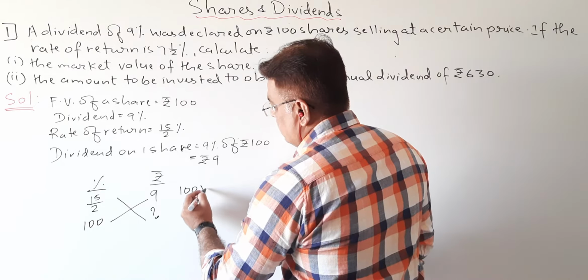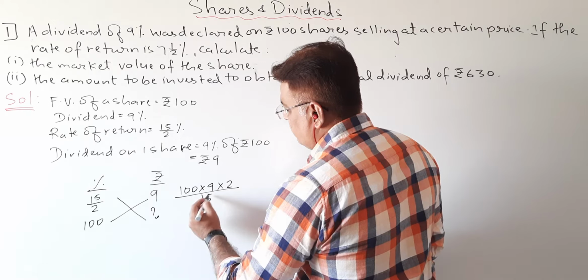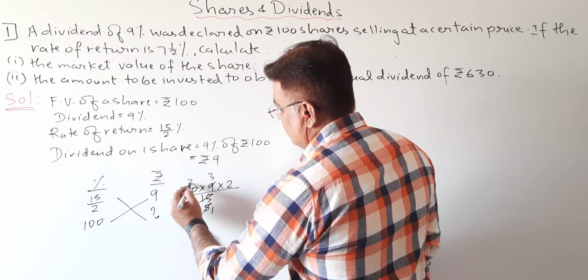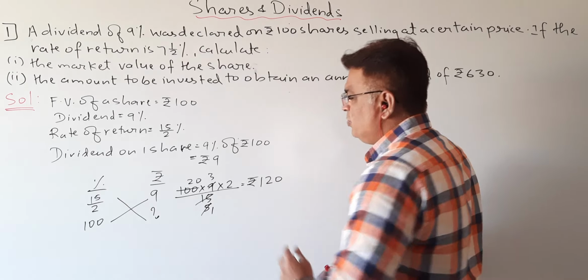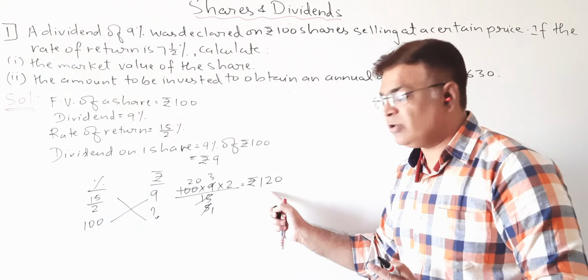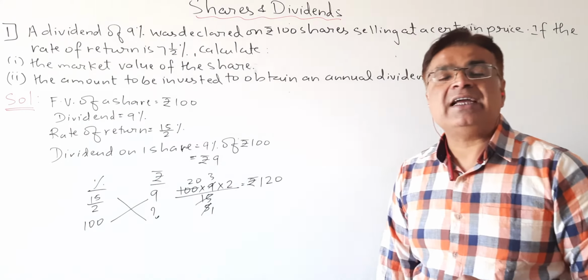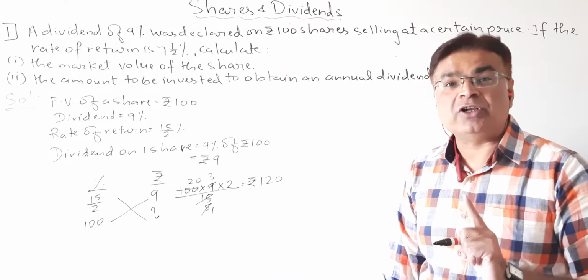So let us calculate: 100 into 9, divided by 2 into 15. 3 5s are 15, 3 3s are 9, 5 1s are 5 and 5 20s are 100. So it will be rupees 120. Now students, what is this 120? That you should know. Rupees 9 was the income of my one share, that is, I am calculating on one share.